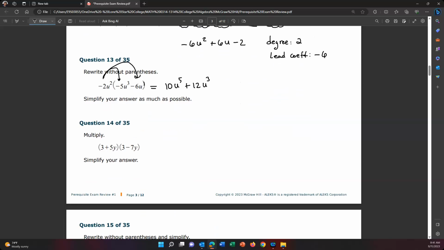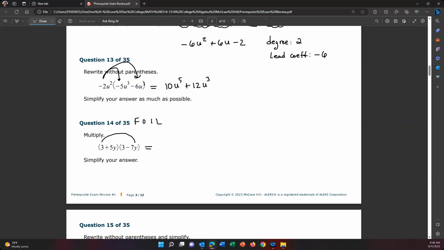All right, let's see, I think this is kind of on the way, but how do I get rid of that? Okay, we need to multiply. A few ways to do this: we can think of FOIL here. If you're familiar with FOIL, we're going to multiply the first terms.